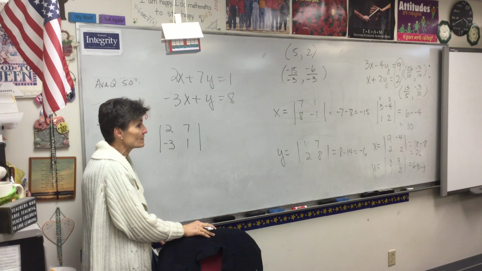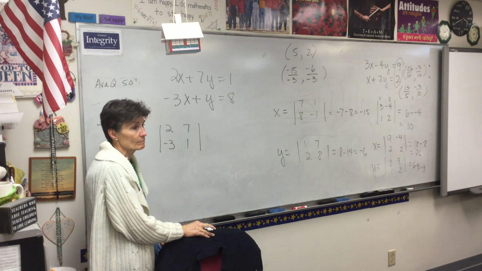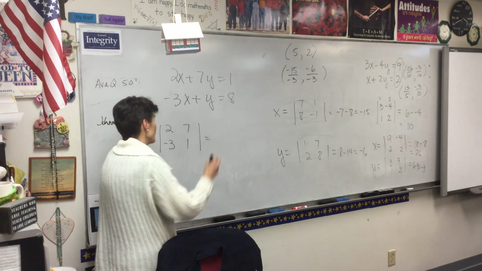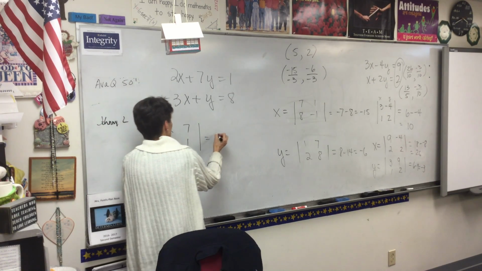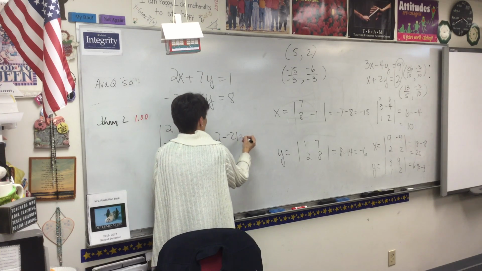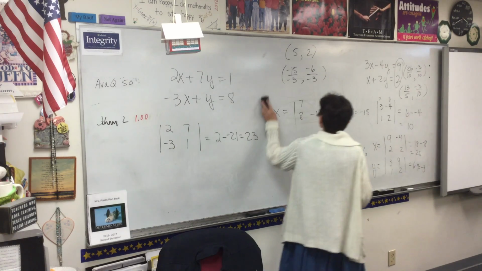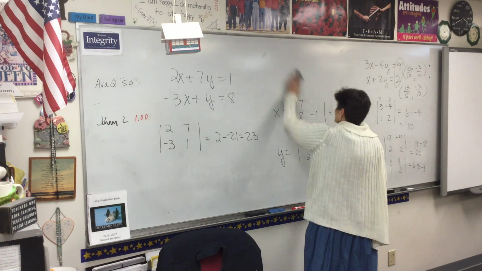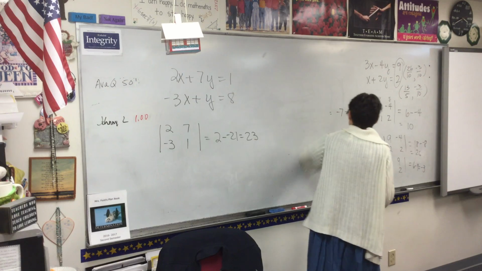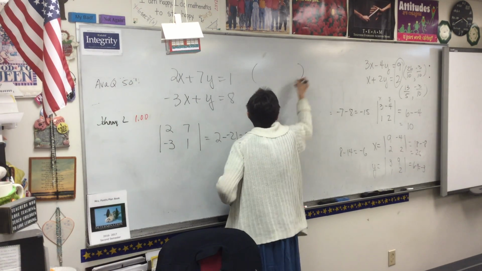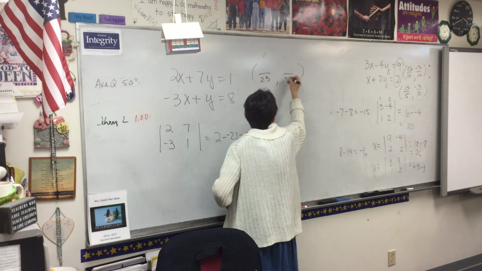So I get the coefficients in position and find my determinant, which would be what? What is the value of this? I got 23. Anybody working along with me, I hope? So that means whatever my answer is, it's something over 23.